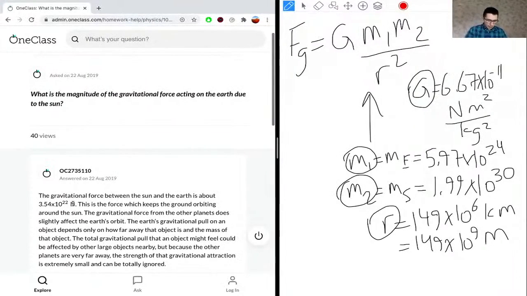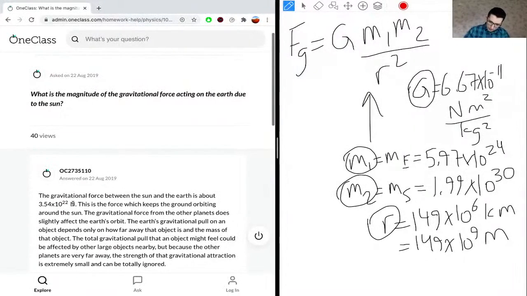So if we add the gravitational force constant, sorry, not gravity, 6.67 times 10 to the negative 11, multiplied by m1, which is 5.97 times 10 to the 24, times 1.99 times 10 to the 30, divided by 149 times 10 to the 9 squared.